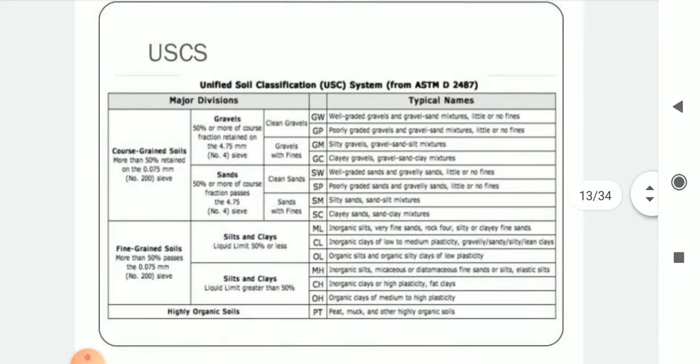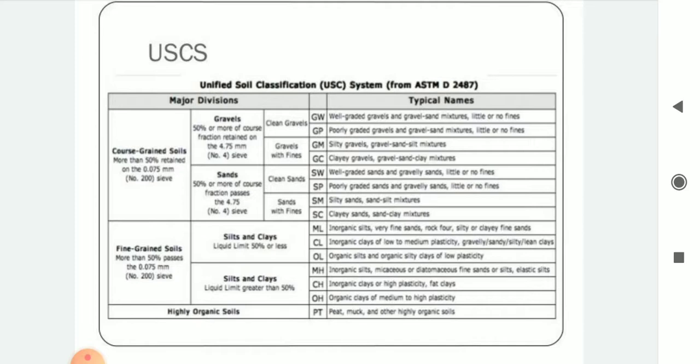In the table you can see the Unified Soil Classification System from ASTM D2487. Major divisions and typical names, which we have already seen above in the PPTs.